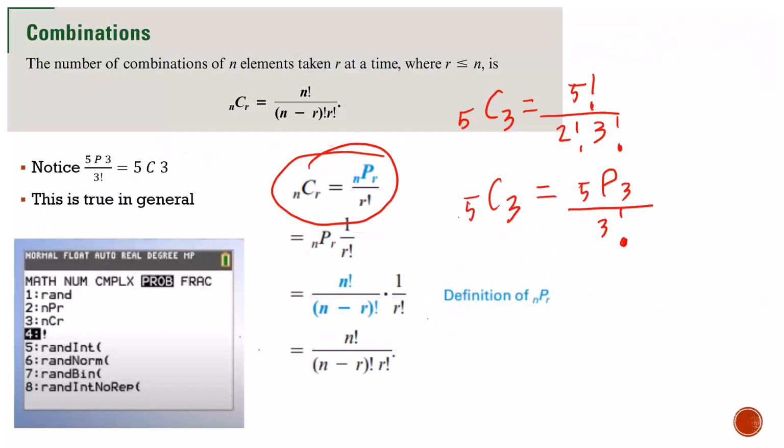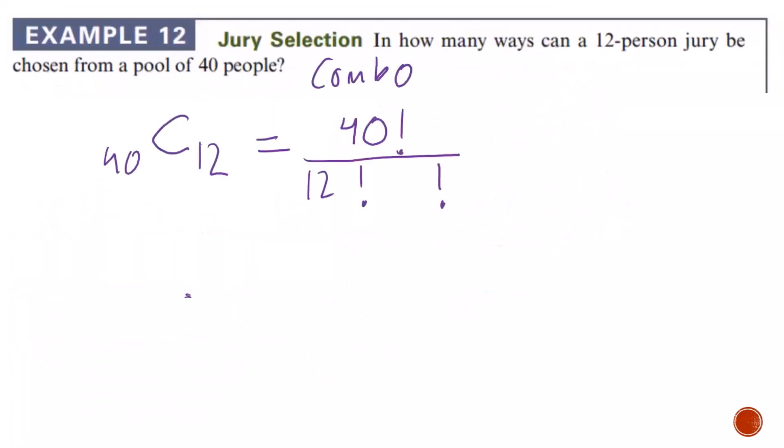The formula is n factorial over the product of r factorial and n minus r factorial, which in this case would be 40 factorial over 12 factorial times 28 factorial. You could do some of the tricks, but this is too much to do that with. So you could just type this in with your calculator.